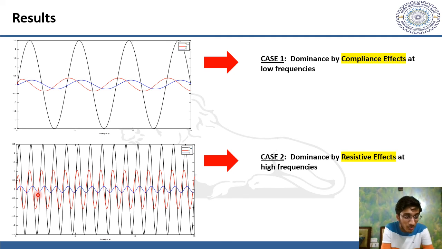That is, V now lags PAO. And when again these mechanical quantities are converted into their electrical analogues, we reason that now resistive effects are dominant, right? Therefore case 2 highlights the fact that the linearized lung mechanics that we've been considering until now is dominated by resistive effects at high frequencies.